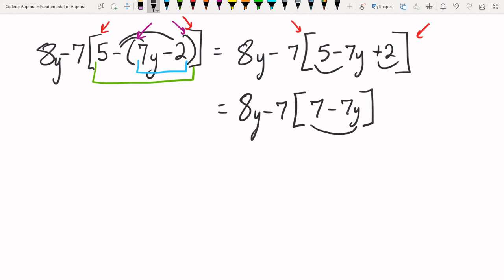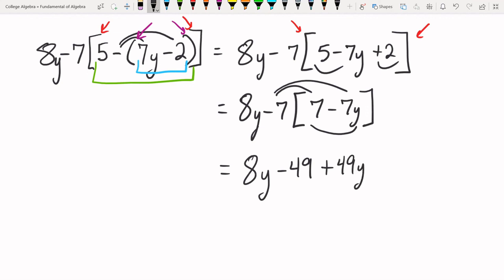And now this here has no like terms, so we can move on to the outside. I'm going to distribute the negative 7. Negative 7 times 7 is negative 49. And negative 7 times negative 7y is positive 49y. And now you see I have like terms.